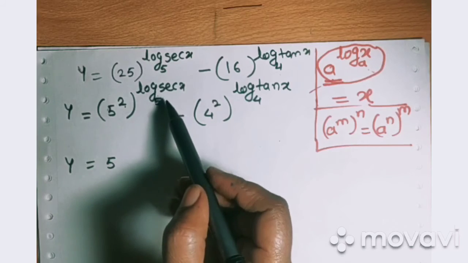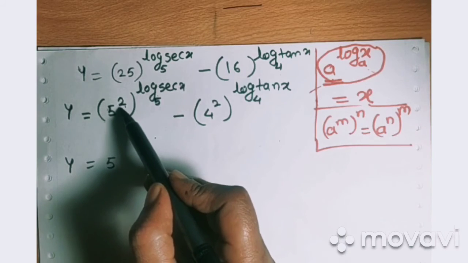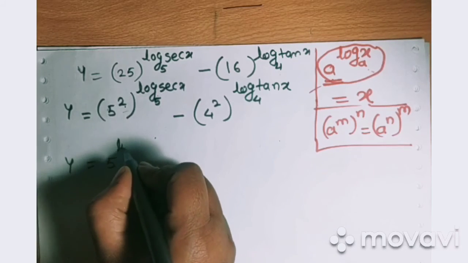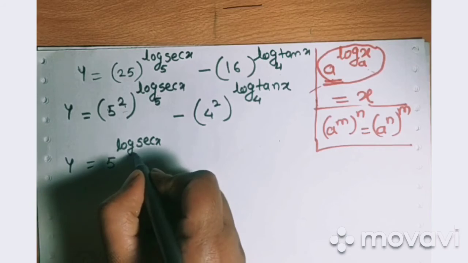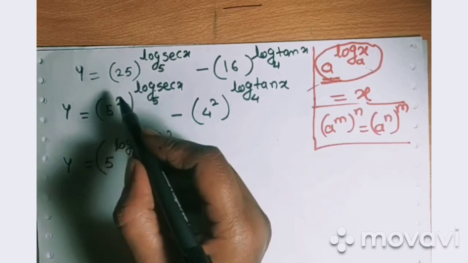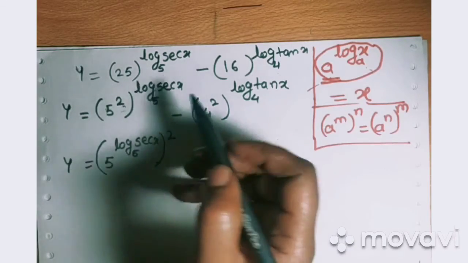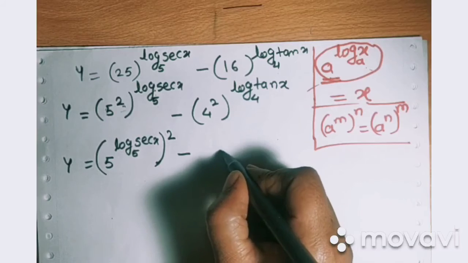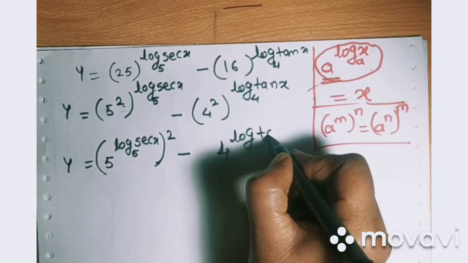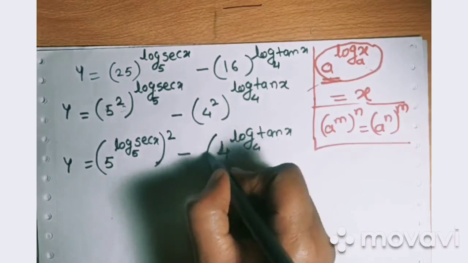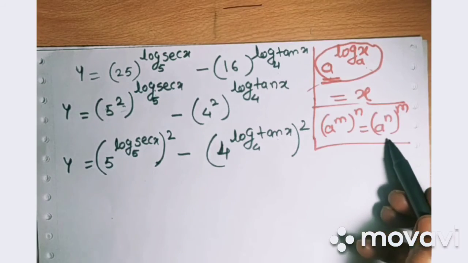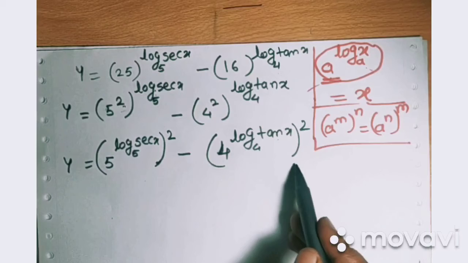This gives 5 raised to log of sec x to the base 5, bracket square, minus 4 raised to log of tan x to the base 4, bracket square. This formula is used here.